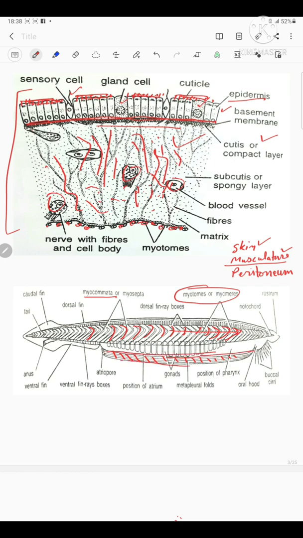These two metapleural folds are linked by the epipleural fold, which contains transverse muscle fibers. These transverse muscle fibers help in contraction of the atrium to push out the water which is present in the atrial cavity.